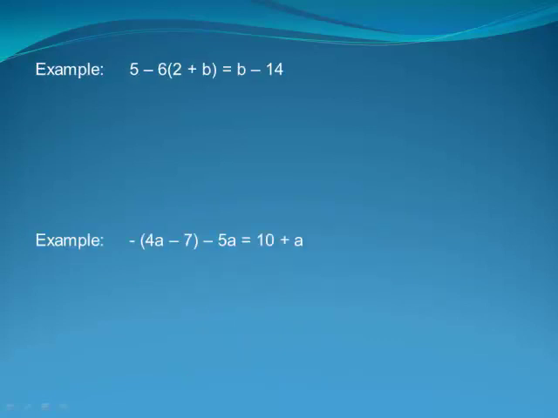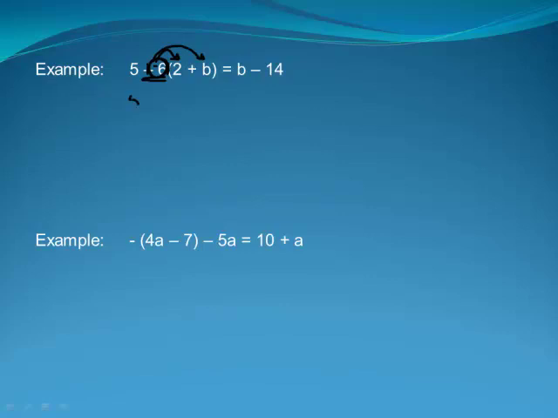All right, so let's look at these two examples. These are our final two examples for this section. We've got 5 minus 6 times the quantity 2 plus b is equal to b minus 14. Okay, need to get rid of our parentheses, so we are going to distribute here. Make sure you distribute the negative with it, or if that doesn't make sense to you, remember you can always change subtraction to addition of a negative, and that also emphasizes that you do need to distribute the negative sign with it.